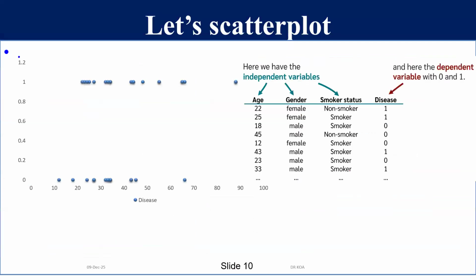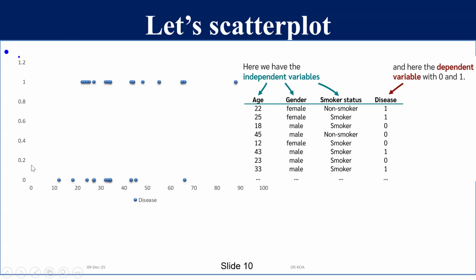Very good. Now, I decided to plot the data set. I coded them and plotted them all. And you can see on the axis here, you have something like the ages. I took just one of the variables. Then on the y-axis, you have disease or not disease.